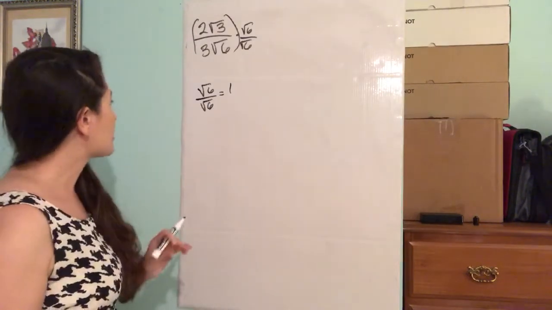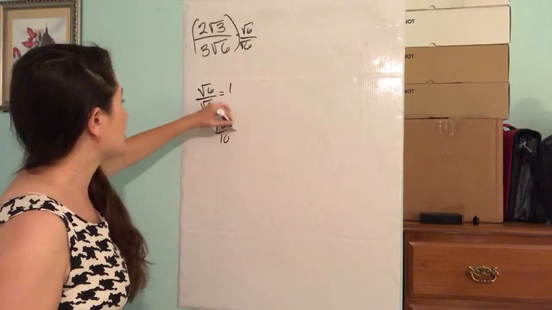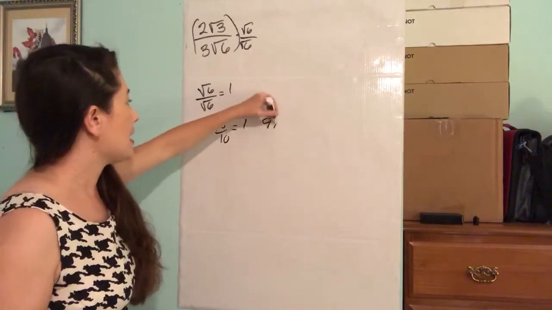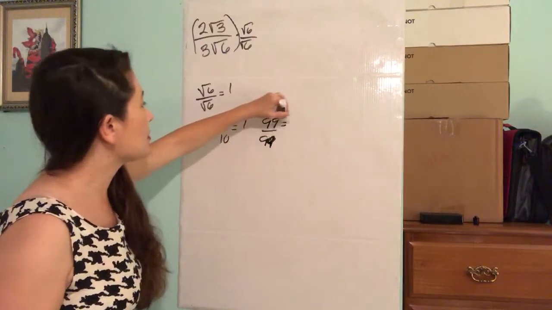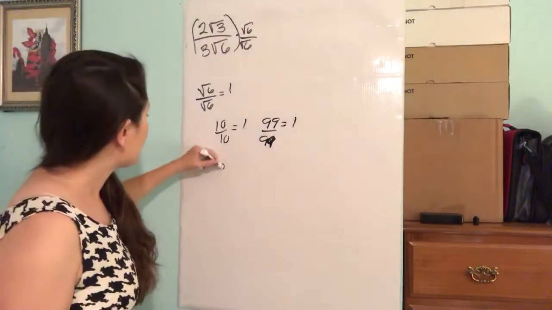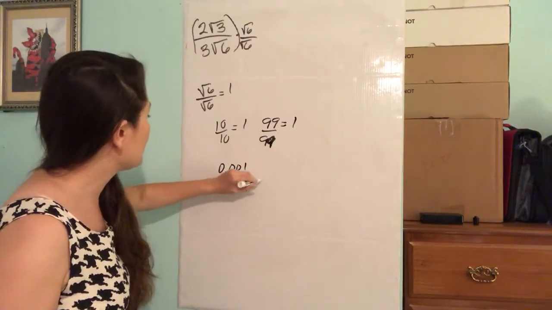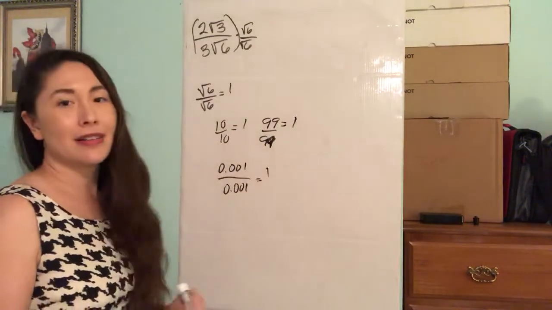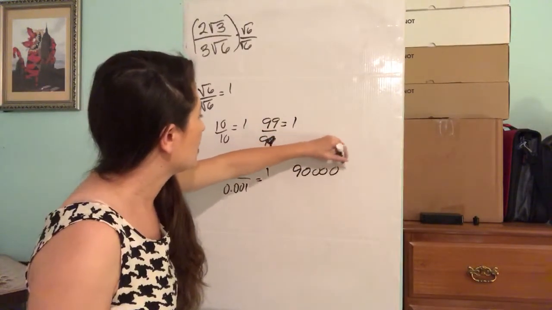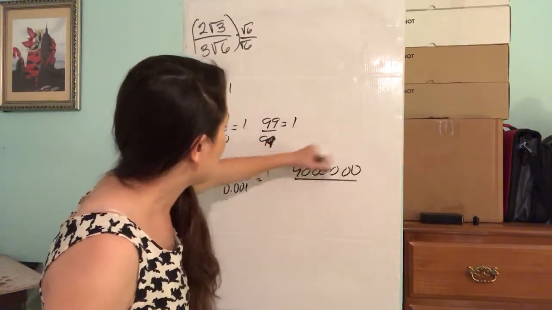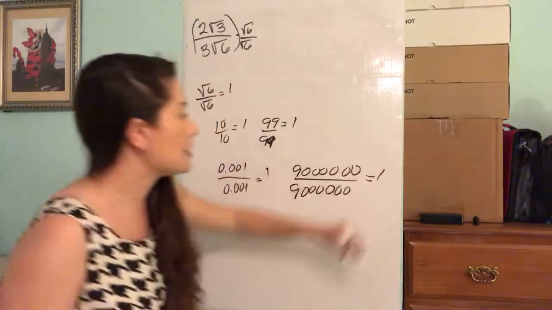Whether it's square root of 6 over square root of 6, or 10 over 10, or 99 over 99, it is equal to 1, okay? 0.001 divided by 0.001 is equal to 1. 9 million divided by 9 million is equal to 1.